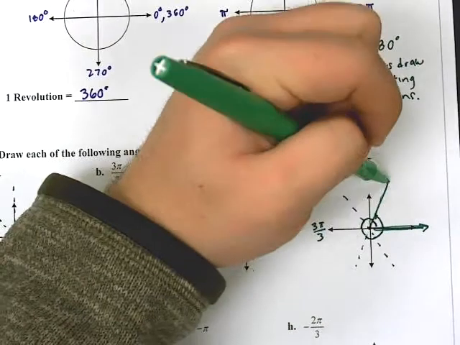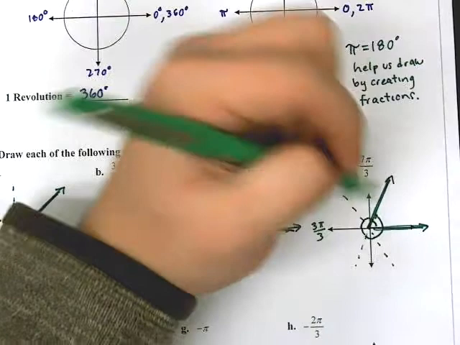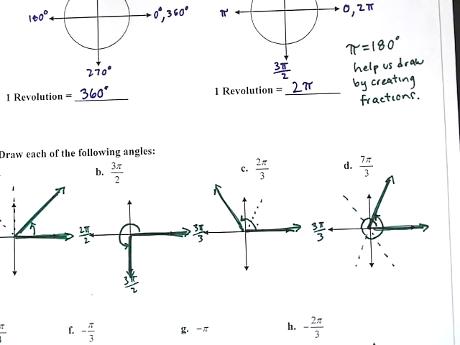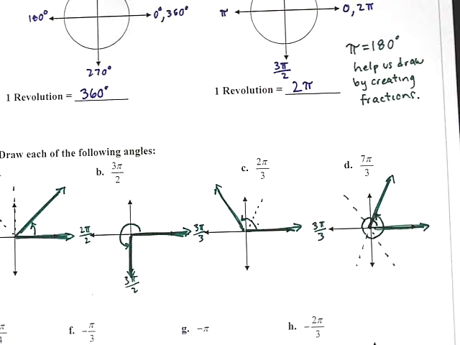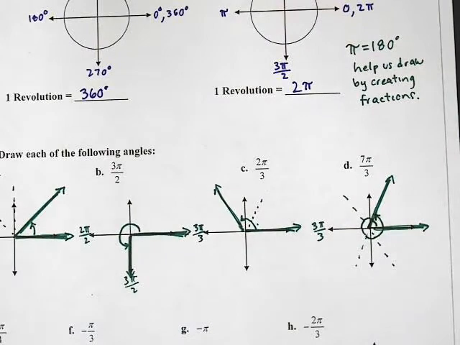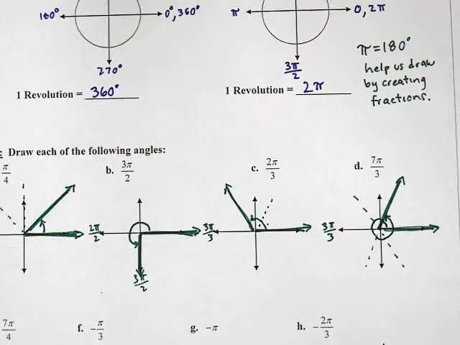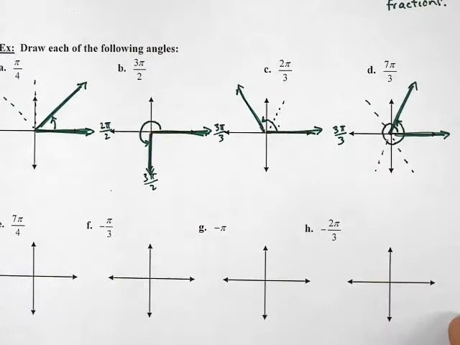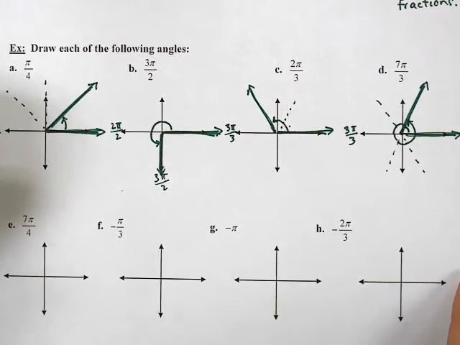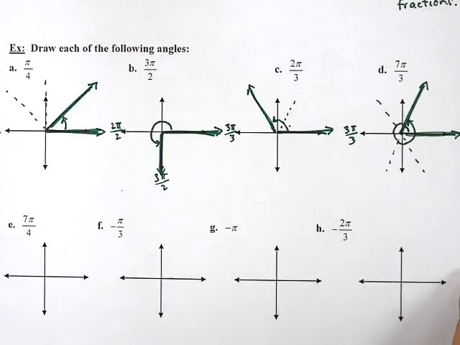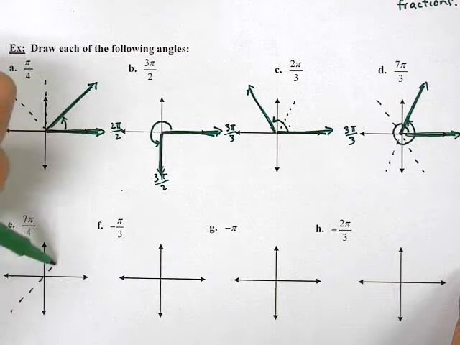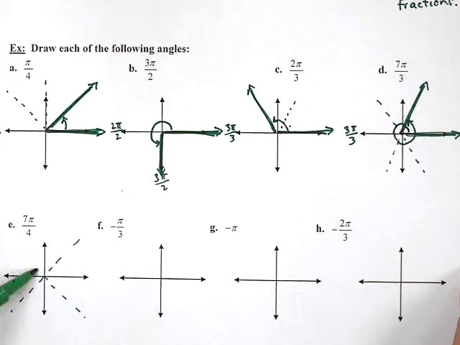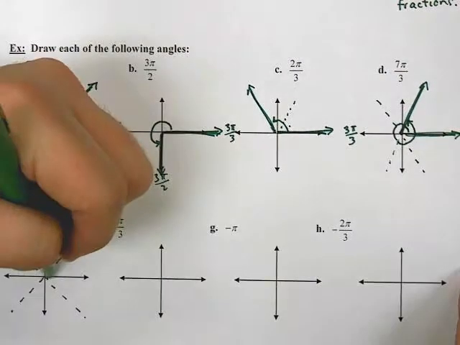And so now I know that 7 pi over 3 is actually the same as 1 pi over 3, right? Beautiful. All right, we're almost done here with this. Let's think about, okay, so we're going to split into fourths, so 4 pi over 4. So that means I want to cut it like this, like this. Draw in your initial.